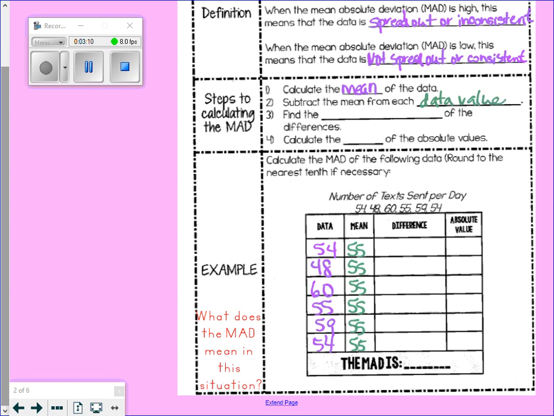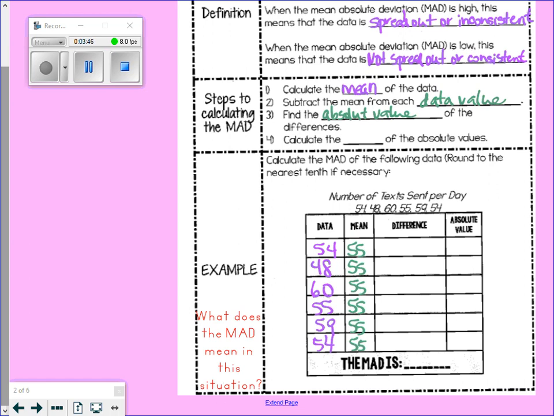And as we subtract our mean from the data value, we want to find the absolute value of the differences. What does absolute value mean? If it's a negative, you take off the negative, just the number itself. It's the distance. Distance is always positive. You got it. So what we're going to do here, we're just going to show work on what we're going to put in our calculator.